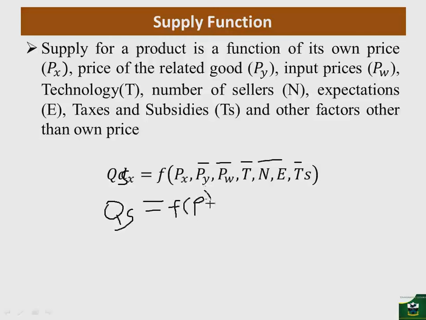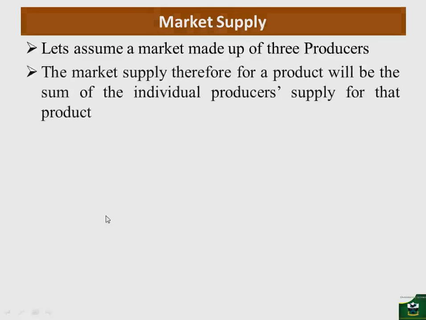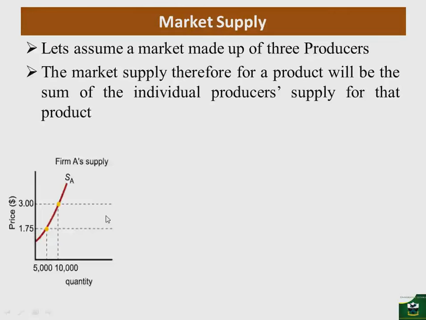Let's look at the market supply, and if we assume that the market is made up of 3 producers, the market supply therefore for a product will be the sum of the individual producers' supply for a product, and assuming that price is fixed on the market. So what we see is that for firm A, at a price of 1.75, 5,000 units are supplied, and at a price of 3, 10,000 units are supplied.